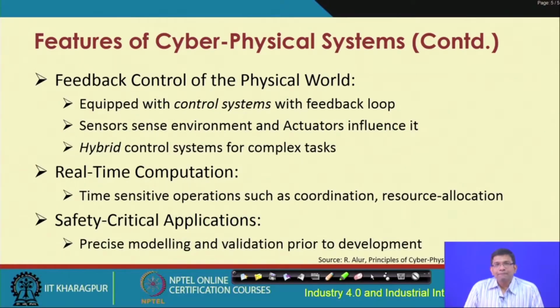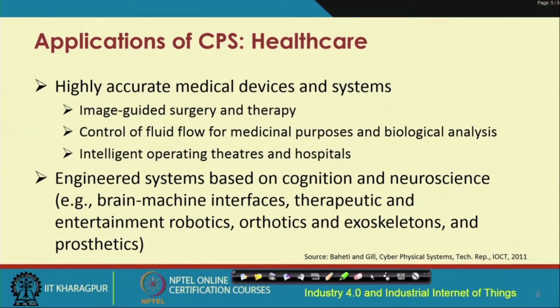Real time computation is quite well understood, and supporting safety critical applications is what is very attractive about cyber physical systems. There are different applications of cyber physical systems. Healthcare is a very important domain where cyber physical systems are widely used.